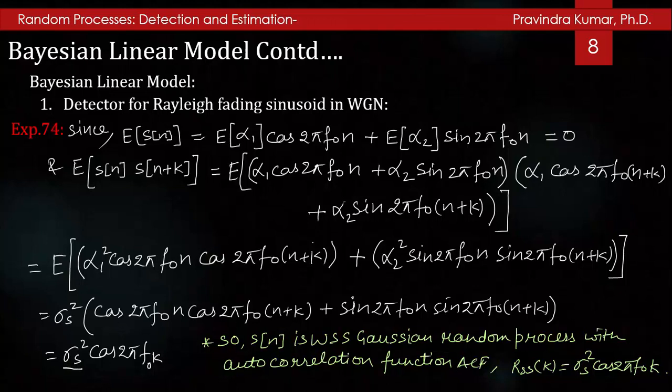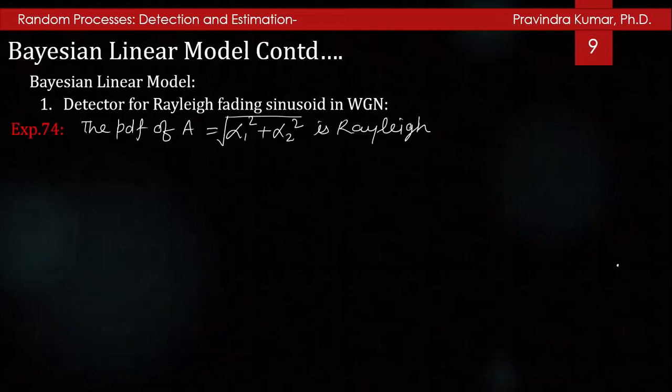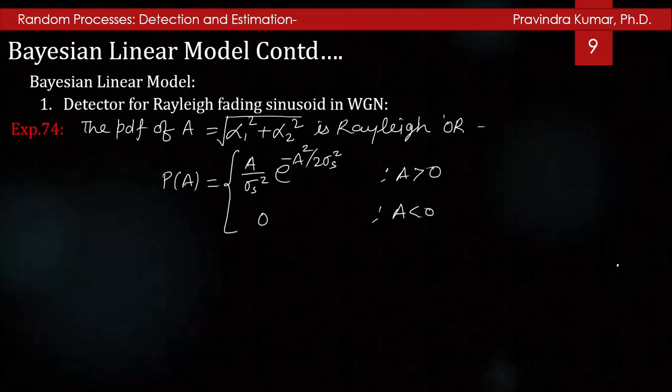Also you can show that the PDF of A, meaning the square root of alpha 1 square plus alpha 2 square, is Rayleigh. We can say the PDF of A, when A is greater than 0, is a by sigma s square times e to the power minus a square by 2 sigma s square, else it is 0 when a is less than 0.